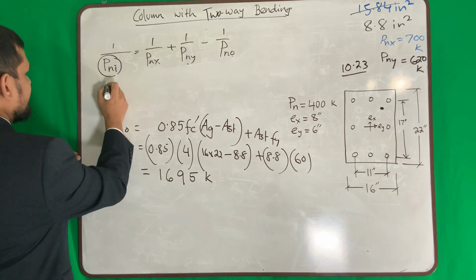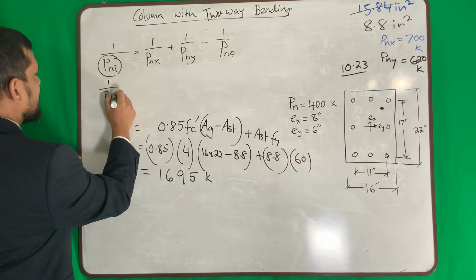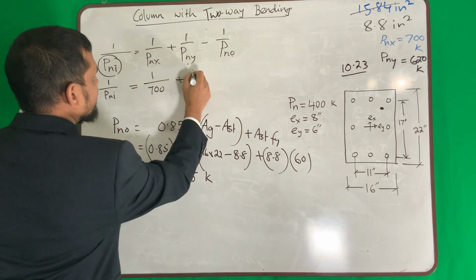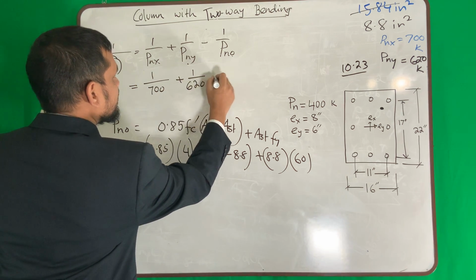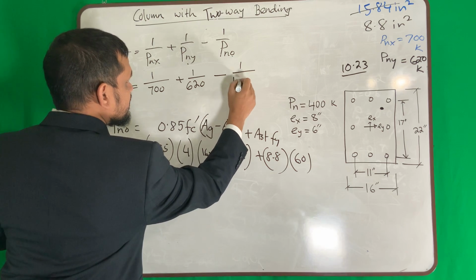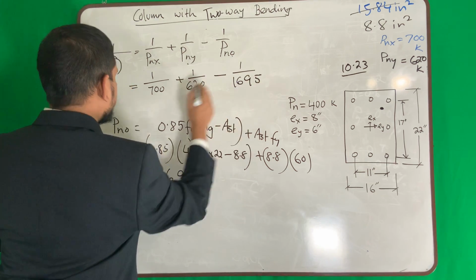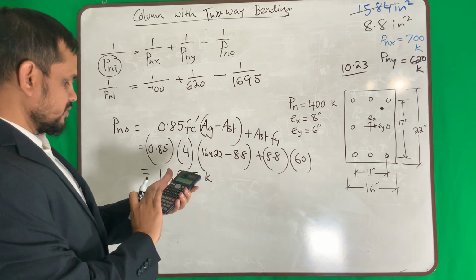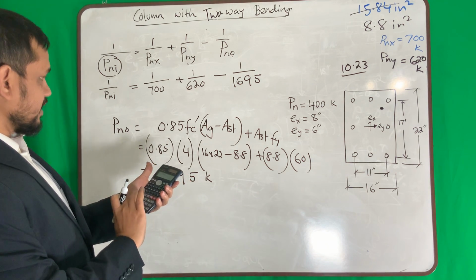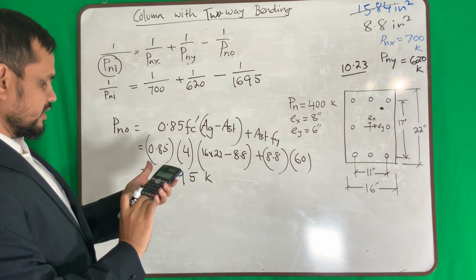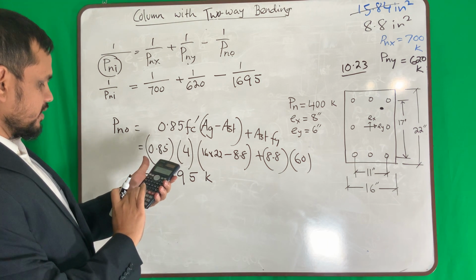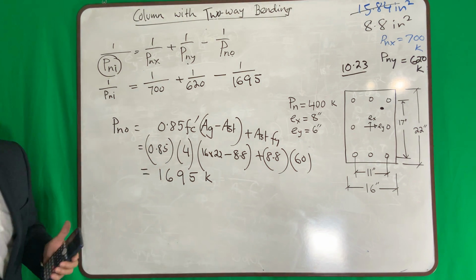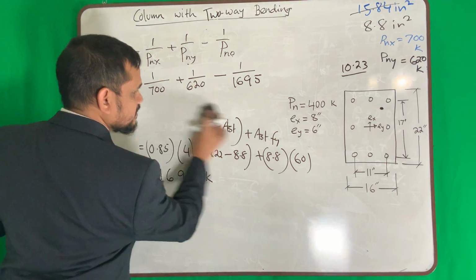Okay, then we will find this value. I can write here 1 over PNI equals 1 divided by 700 plus 1 divided by 620 minus 1 divided by 1695. So what is this portion first? I will erase this portion.